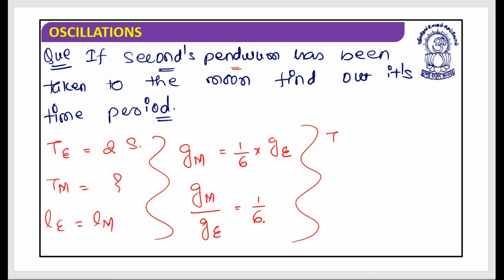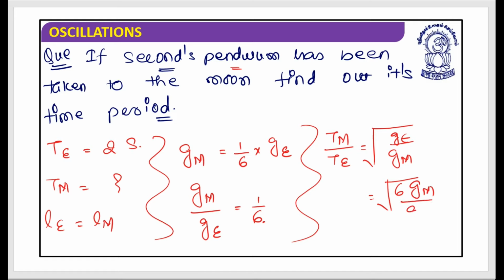T on the moon divided by T on the earth is equal to root of length by Gm over root of length by Ge. Length would be the same, and that has been cancelled out. So I have been left with root of Ge by Gm. This is equal to, Gm is equal to Ge by 6, and Ge is equal to 6 Gm divided by Gm.